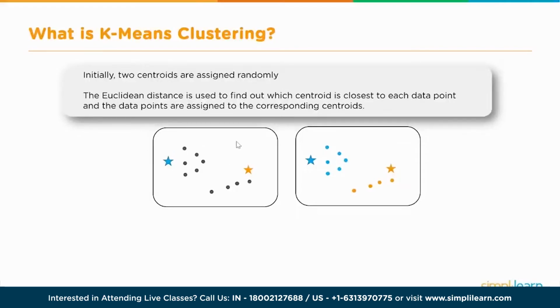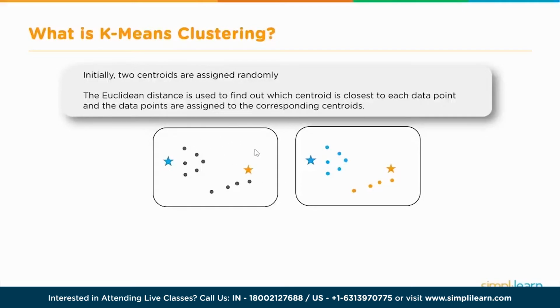They are random points. Initially, they are not really the centroids. Centroid means it's a central point of a given data set, but in this case, when it starts off, it's not really the centroid. Okay, so these points, though in our presentation here we have shown them one point closer to these data points and another closer to these data points, they can be assigned randomly anywhere. Okay, so that's the first step.